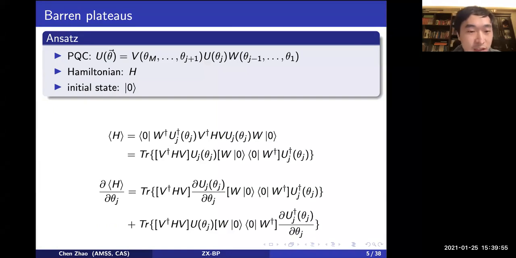Then the expectation of the Hamiltonian can be represented like this by the definition, and the partial derivative will be like this by the chain rule.